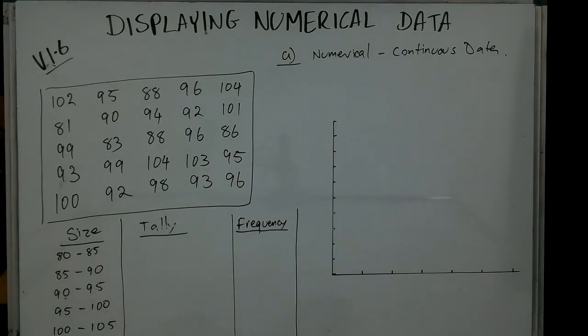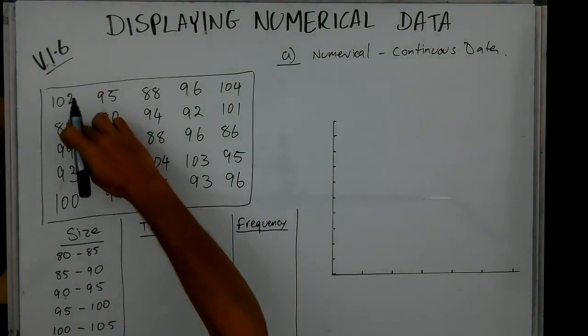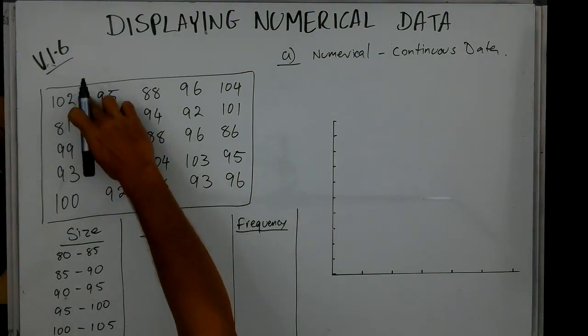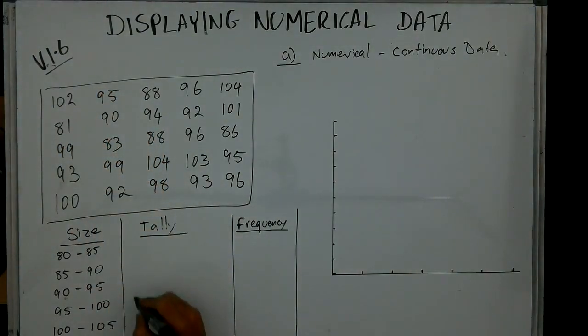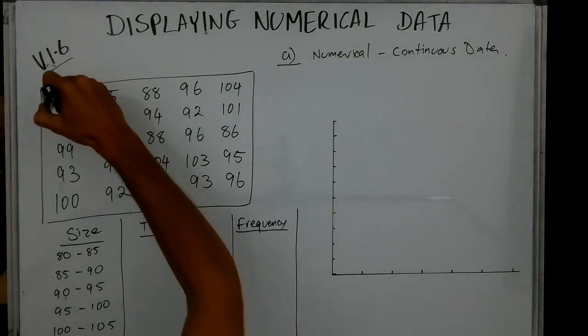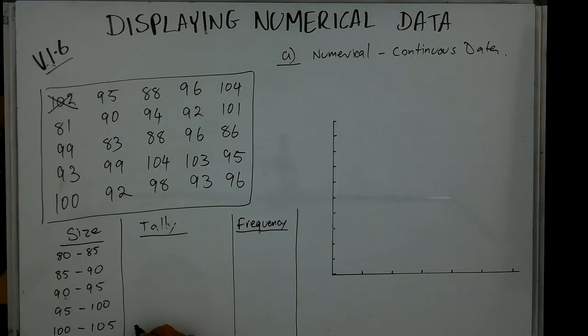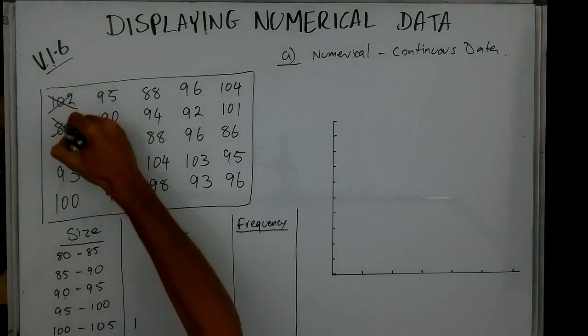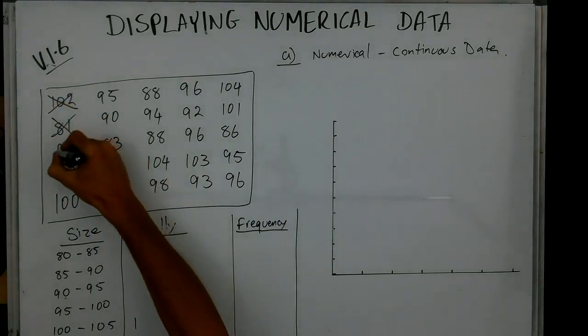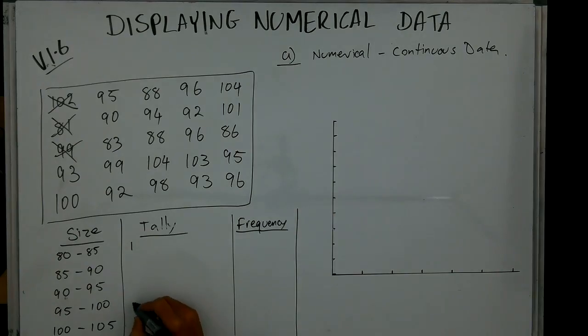Now we're just going to do a tally. I'll go through, and whichever group each value falls in, I'll put a little line to work out how many bits of data are in each group. First one, 102, cross it out so I don't count it again. That's in the 100 to 105 group. 81, 89, 95 to 100.